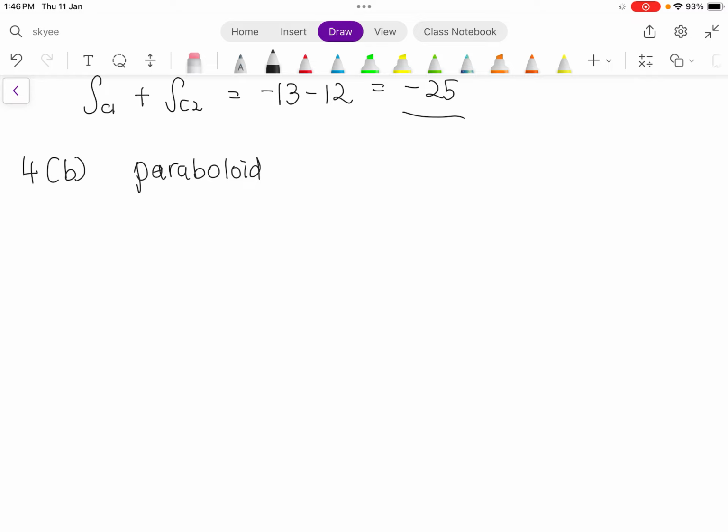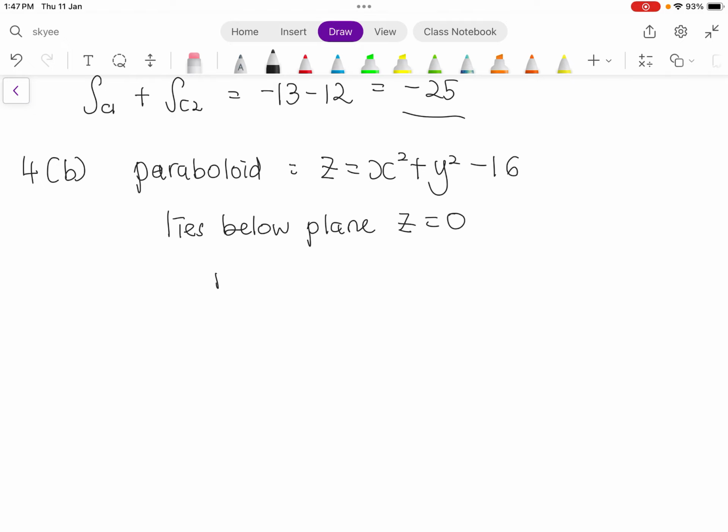What is the equation of the paraboloid? z equals x squared plus y squared minus 16, which lies below plane z equals 0. The normal is outward, and F is 3x, 4y, and negative 5z squared.